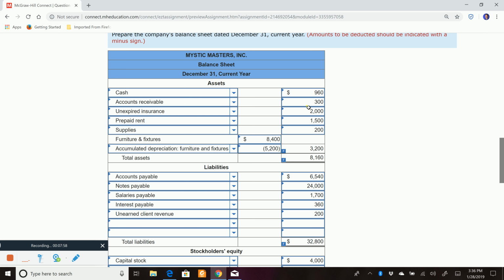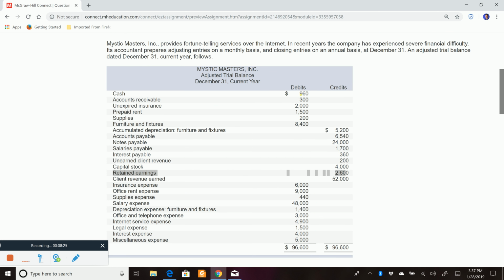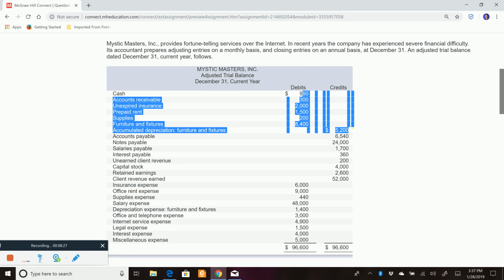Cash is $960, accounts receivable $300, unexpired insurance $2,000, prepaid rent $1,500, supplies are $200, the furniture and fixtures is $8,400, less its contra asset of $5,200, and we're going to show the net amount right here of $3,200. Add up all of our assets, $8,160. And once again, where do these numbers come from? They're coming from right here. All of these numbers that are highlighted are our assets.